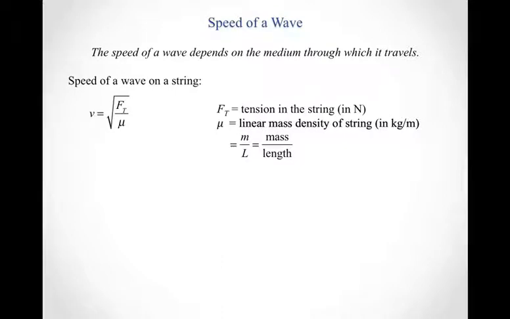It makes sense, right? If the speed of a wave depends on a medium, it makes sense that the speed of a wave on a string depends on the parameters that define what's going on with the string. The easiest way to think about this is, say, a guitar string. You can change the tension of a guitar string.